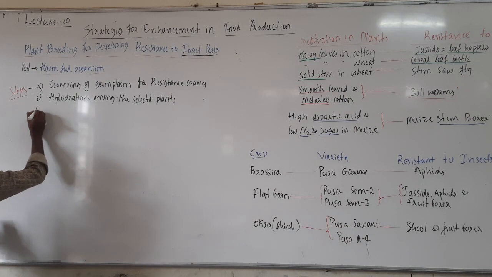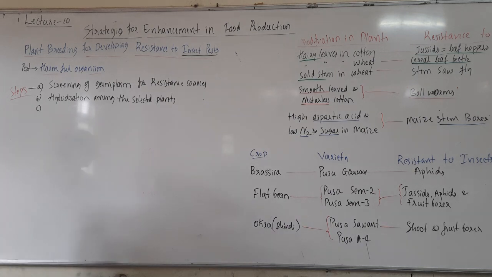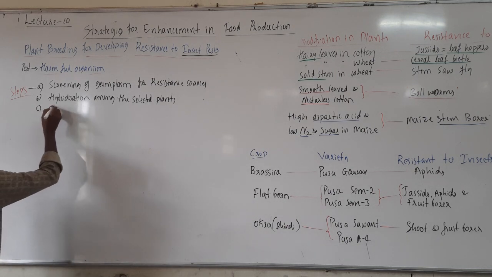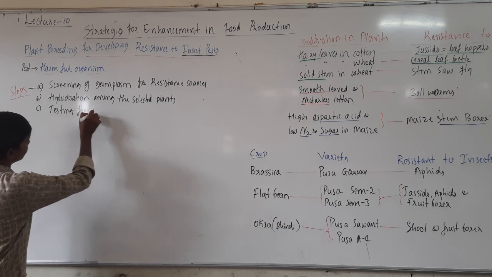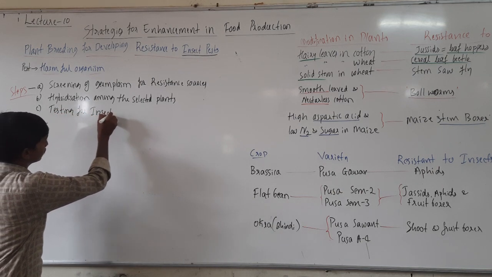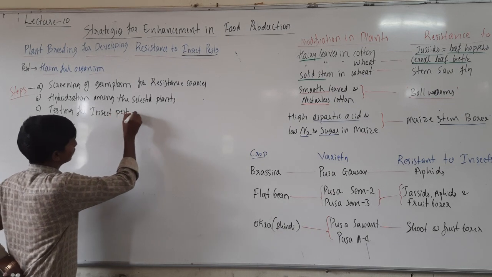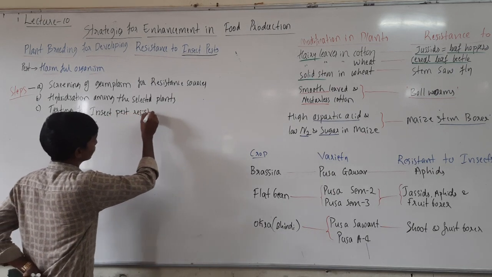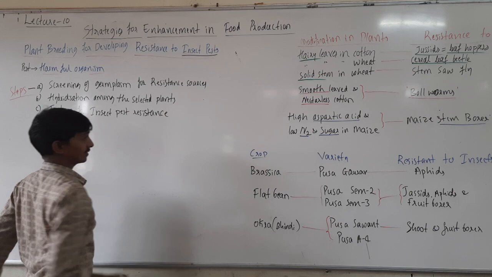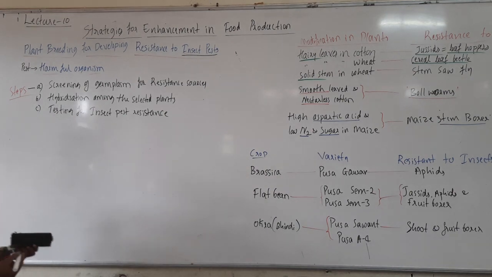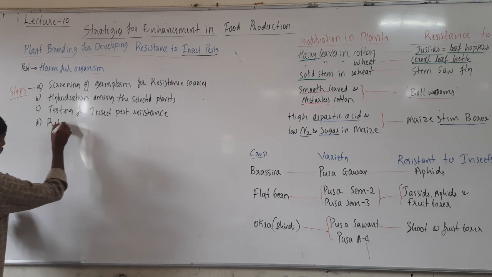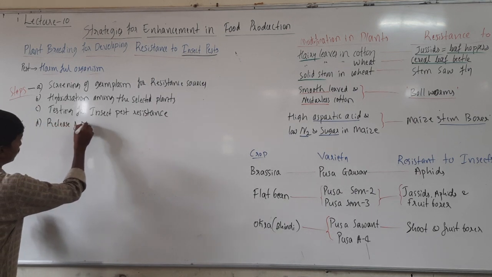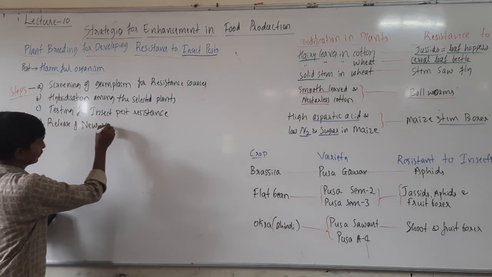Then after hybridization, you should go for testing for insect pest resistance. If it tests good for resistance, then you can release new varieties.